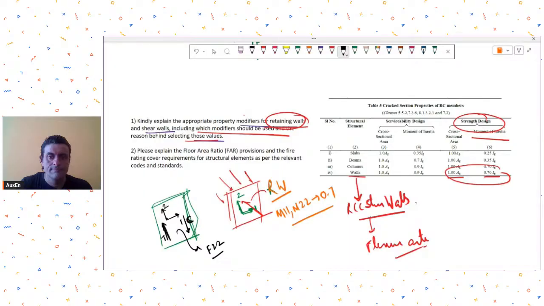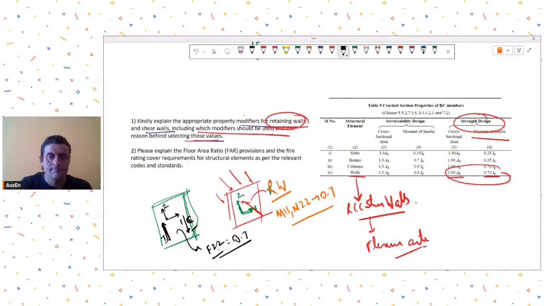So, you are effectively trying to reduce this tension compression couple, and indirectly, therefore, reducing the in-plane moment of inertia also. So therefore, you give F22 as 0.7.